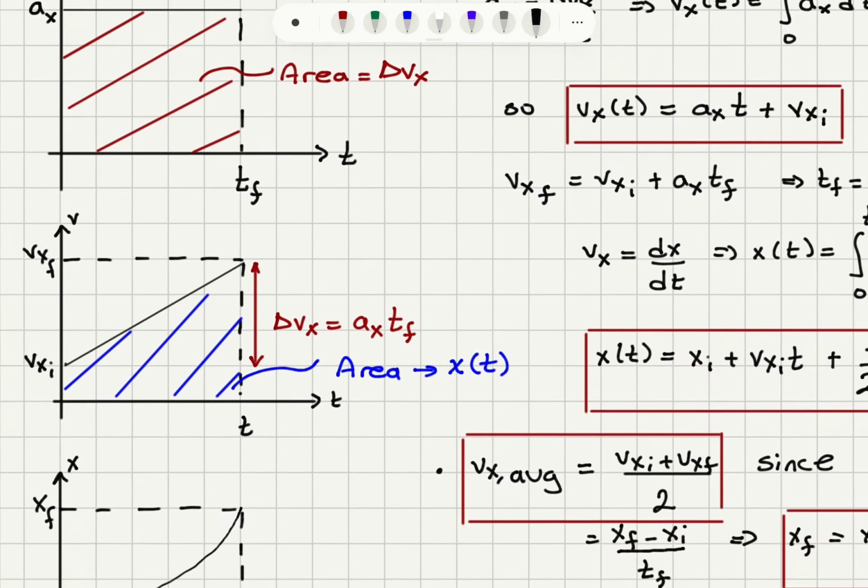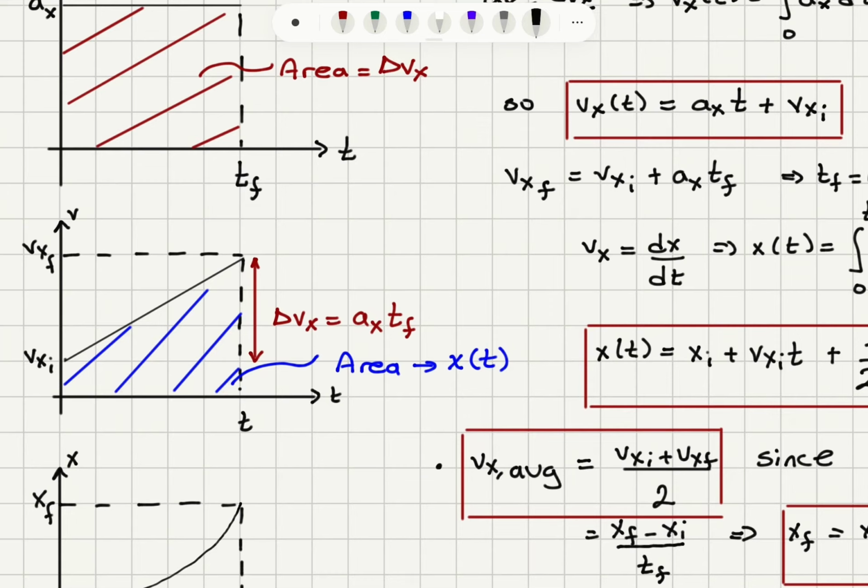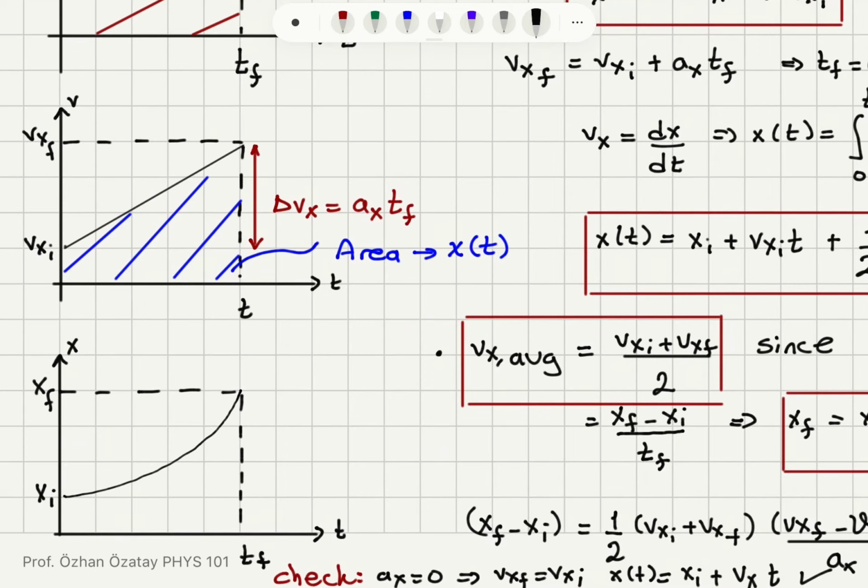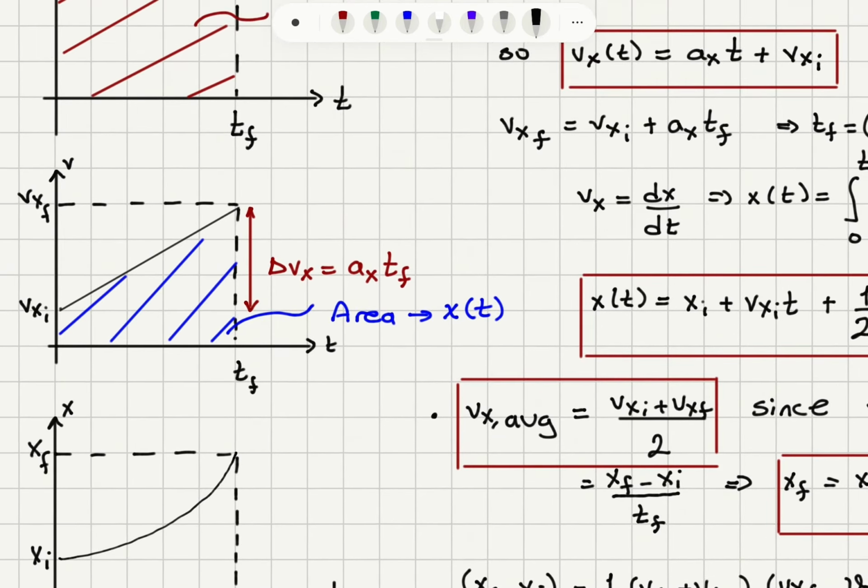And since I have a constant acceleration, the way velocity changes with time is with a single slope. So it's going to be a linear change from Vx initial to Vx final, and it's going to be a linear plot. And since delta Vx will be equal to Ax times delta t, which I called t final, starting from t equal to 0.